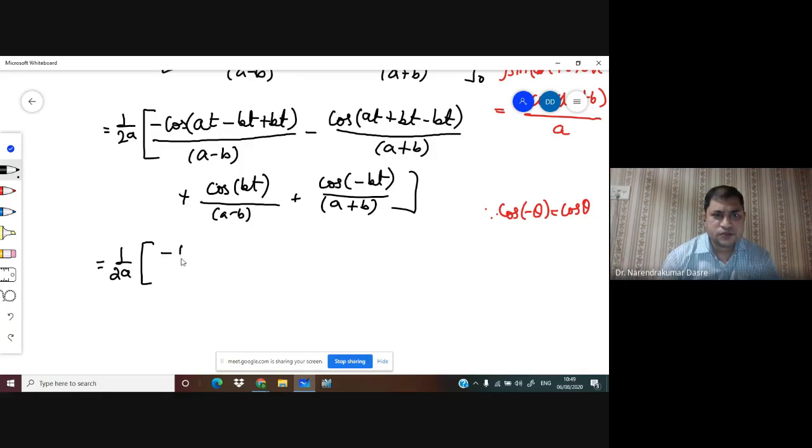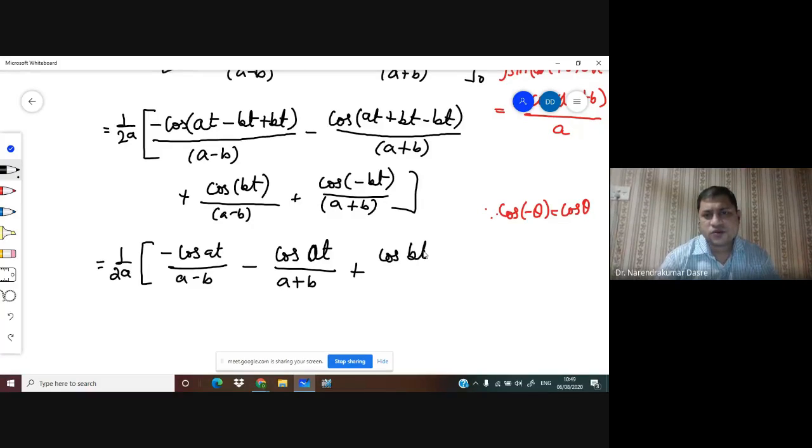Then the terms are minus cos of at upon a minus b, minus cos of at upon a plus b, plus cos of bt upon a minus b, and plus cos of bt upon a plus b.